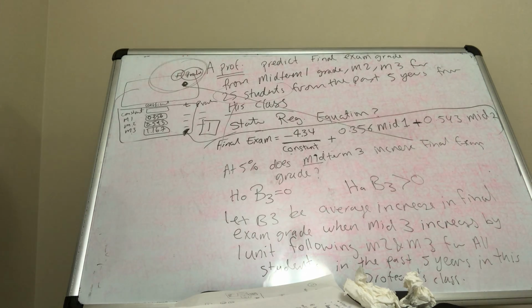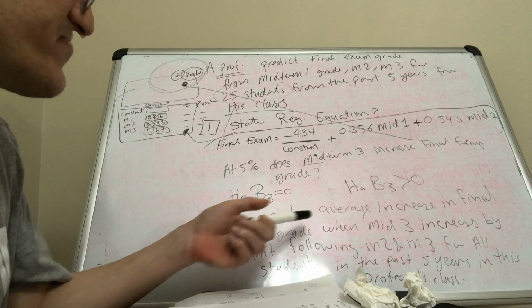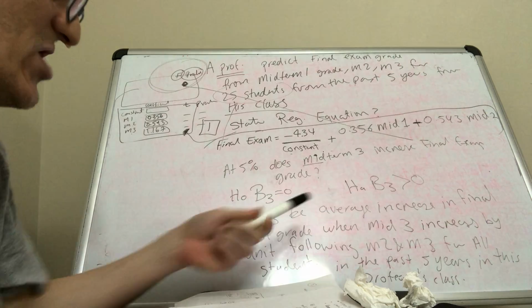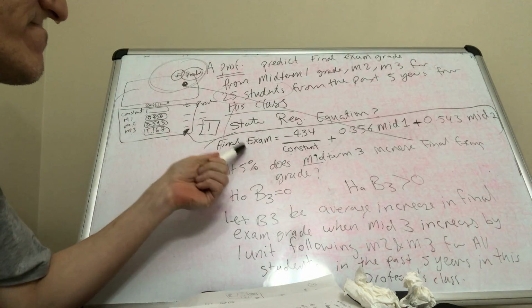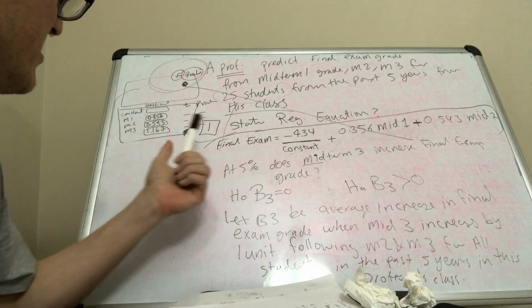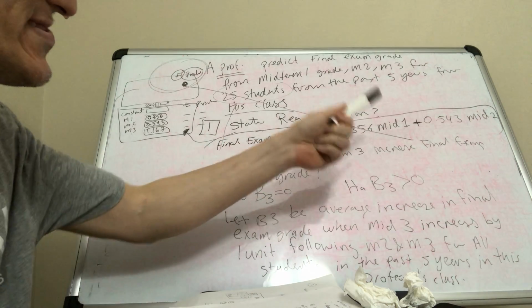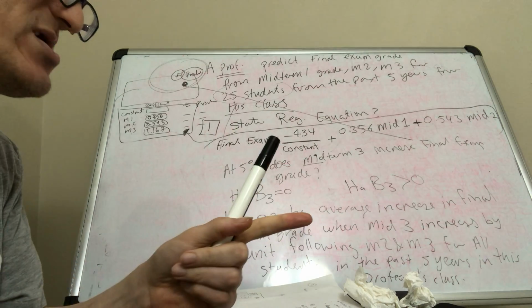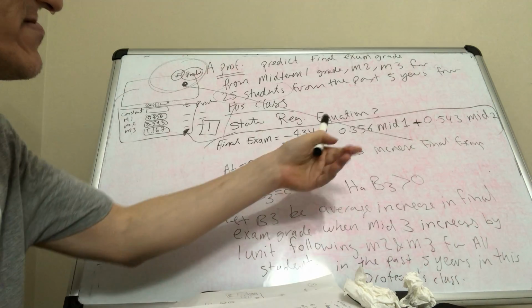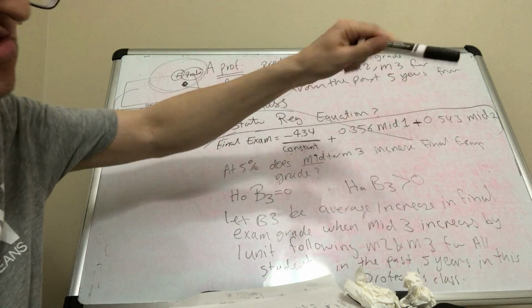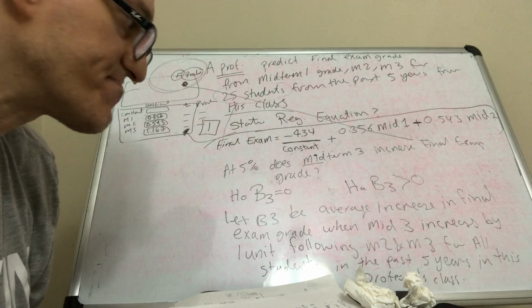So, the way you explain this is the average increase in y when midterm 3, when that x increases by 1 unit, following the other x's for all the sample.